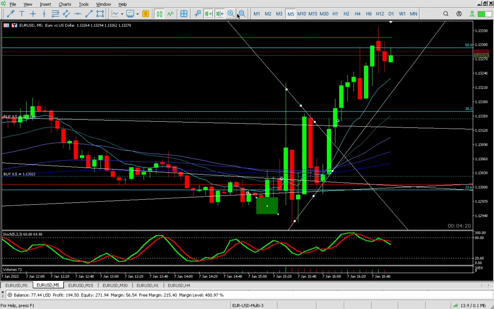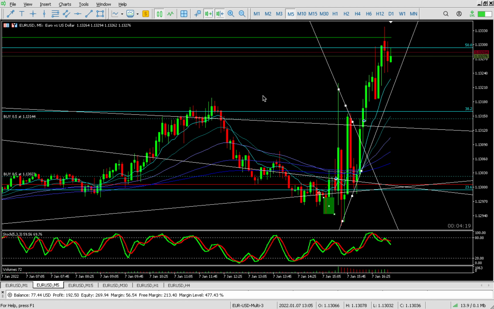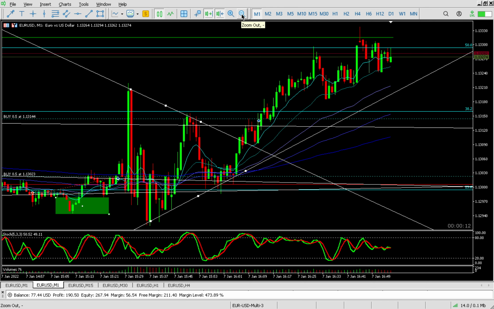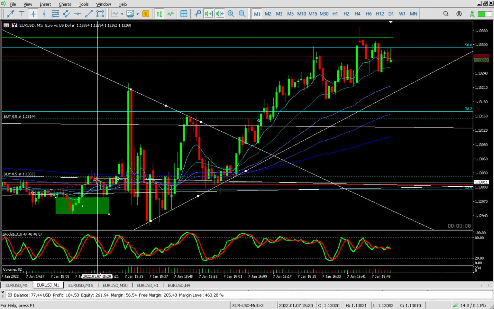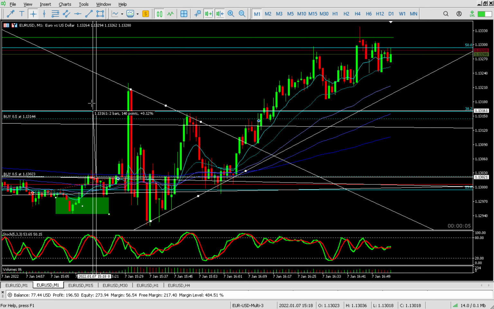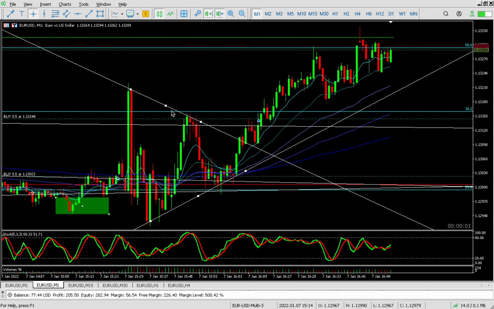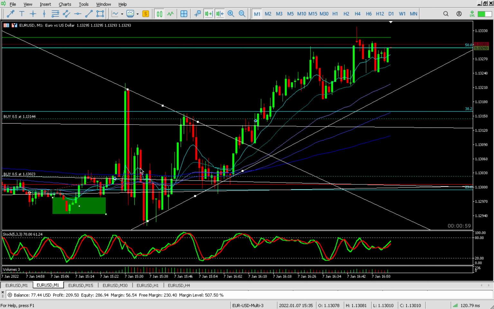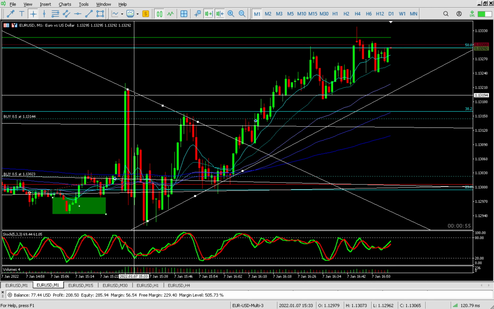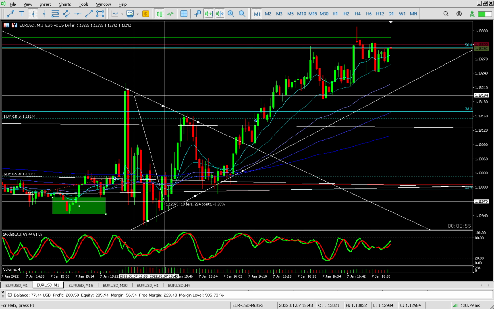But what I'm really trying to do is take fewer trades. Like I could have scalped this, you know, I could have bought here and then got 100 pips real easy, and then I could have sold right after that and got another 100 pips, and really run it up like that.